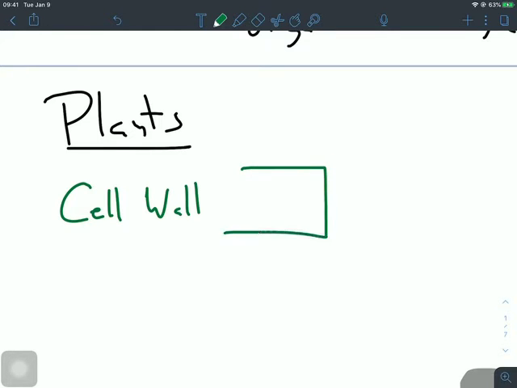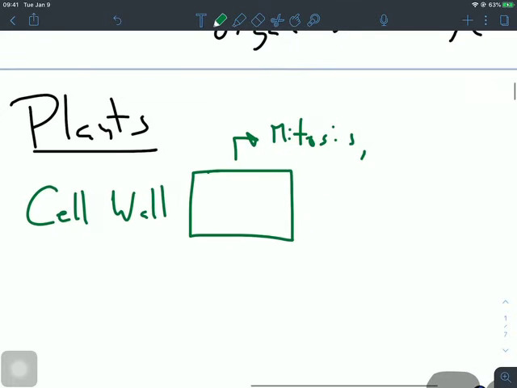They adopt oftentimes a more set, frequently rectangular shape, or at least that's what the cartoons of plant cells would have you believe. But the plant cell wall acts as a helper in mitosis, as well as giving the plant a lot of defense and structure.